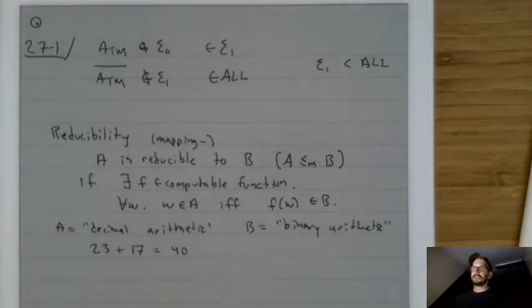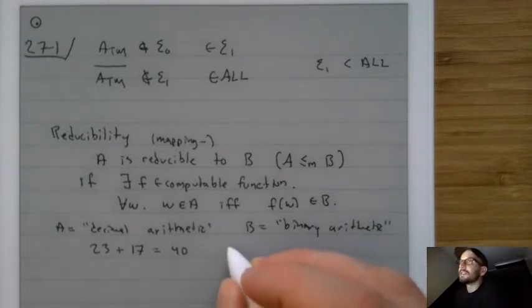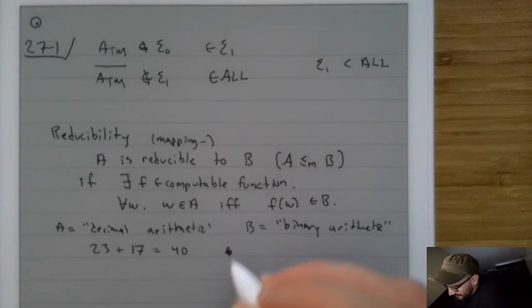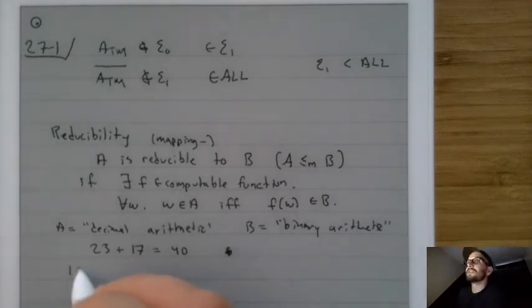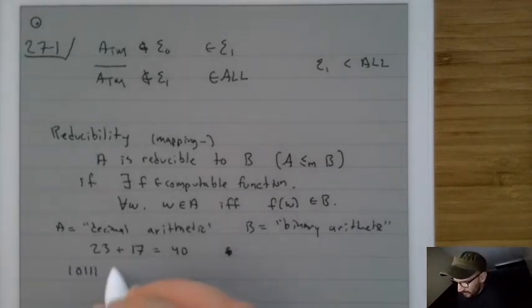All right, so we want 23. 23 would be 1, 0, 1, 1, 1, plus.